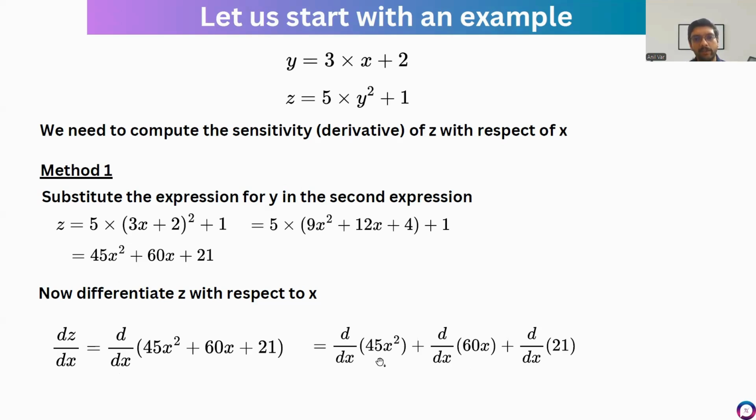Now d by dx of 45x squared, it's the polynomial rule: 2 times 45 times x, so it's 90x. For d by dx of 60x, you can take the constant out, and the derivative of something with respect to itself is 1, so plus 60. And the derivative of a constant with respect to a variable is 0, because no matter how you change this variable, the constant's not changing.